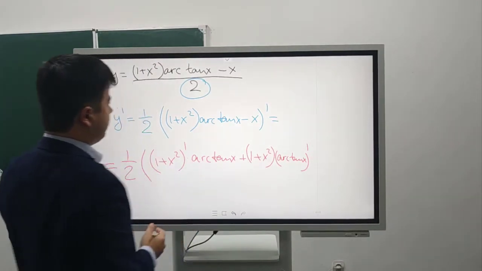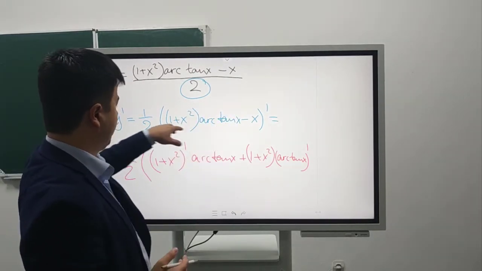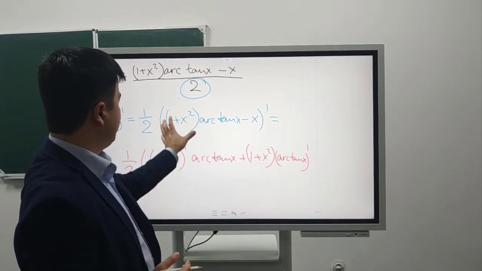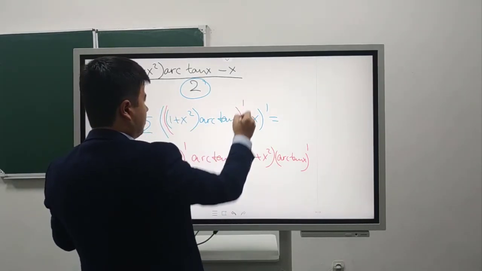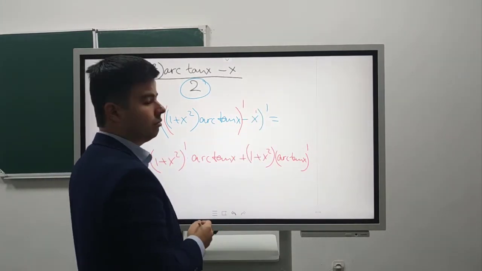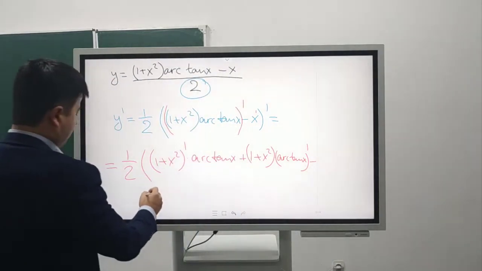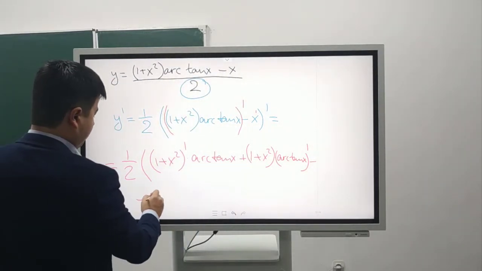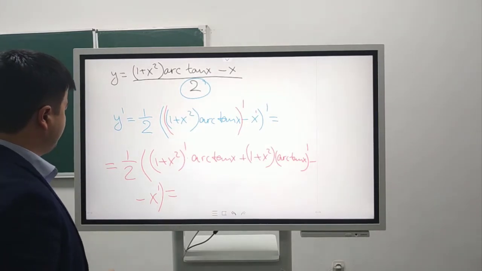So here we have the derivative of the difference of two functions: the derivative of this one minus the derivative of this one, x. So here minus the derivative of x.